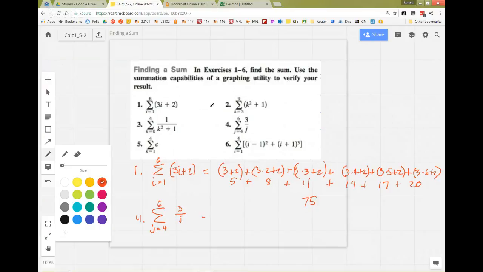All right, so what does that mean? It means first we're going to have 3/4 because j starts off at 4. And we're going to add that to 3 over 5. And we're going to add that to 3 over 6.